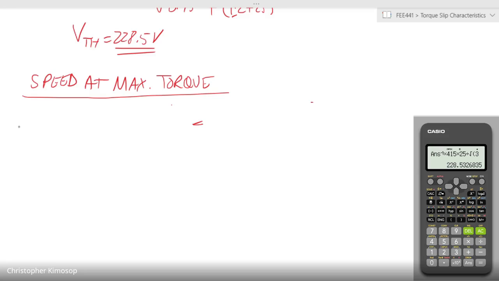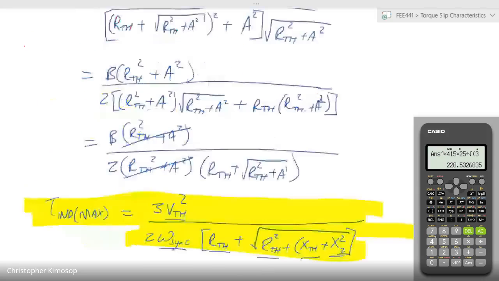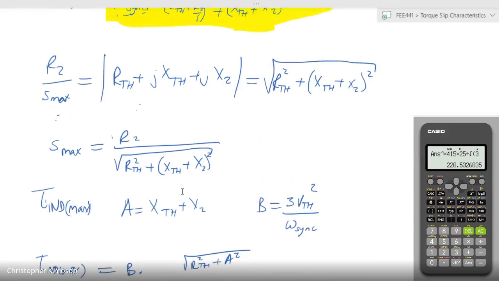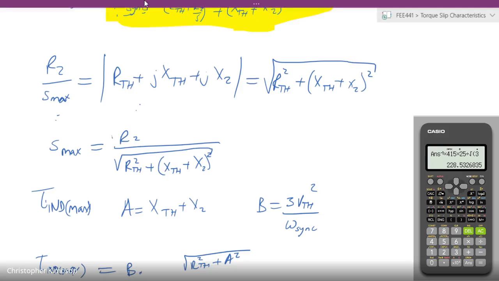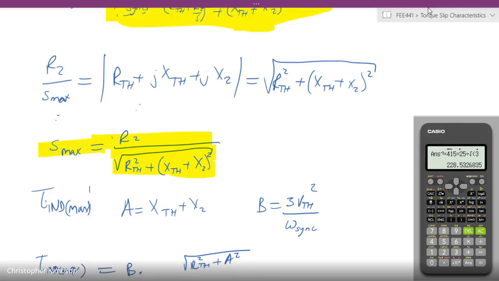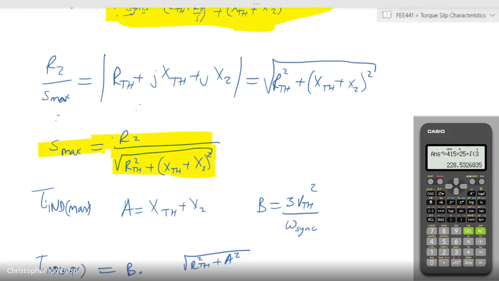We start with getting the slip. The slip at maximum torque had been given by that expression.